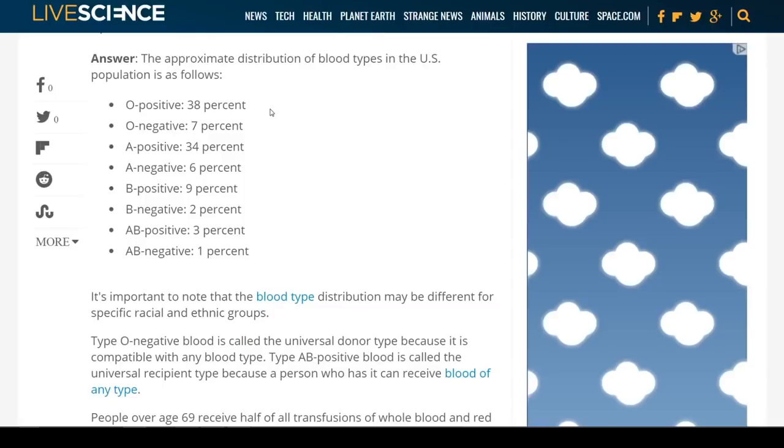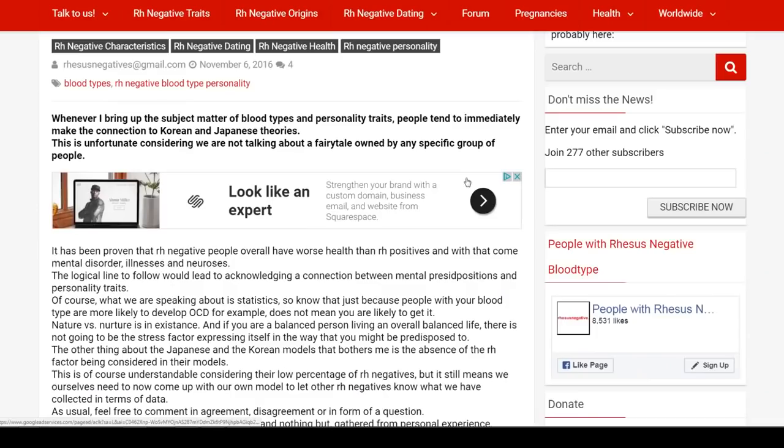Now, RH negative blood type personalities, there are some traits that do follow an RH negative person.